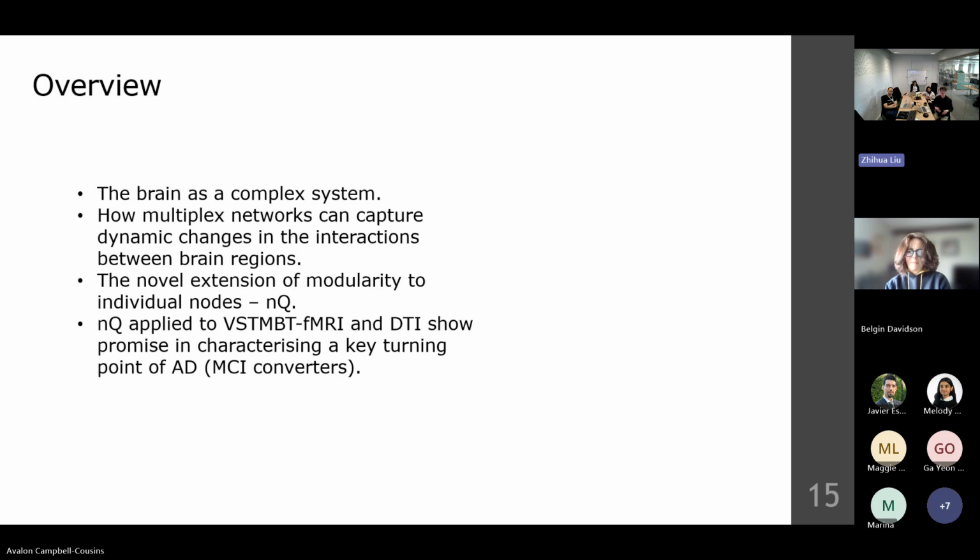And we introduced this novel measure of nodal modularity, which is an extension of classical modularity, to measure how brain organization at a granular level changes across disease. And the combination of these two ideas led to the data suggesting that nodal modularity could characterize a key turning point of Alzheimer's disease, which is where people with mild cognitive impairment go on to progress to further stages.